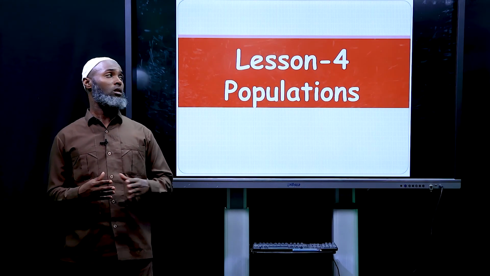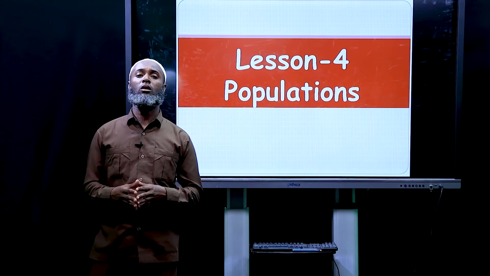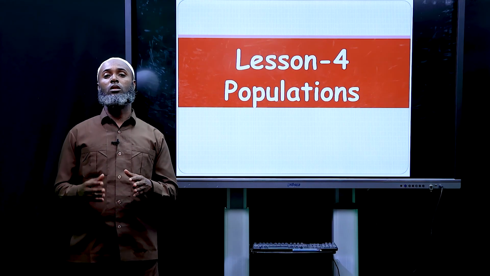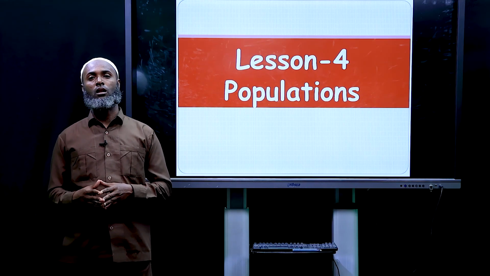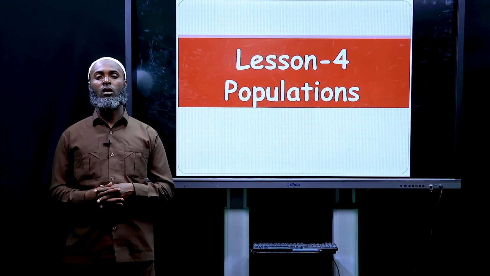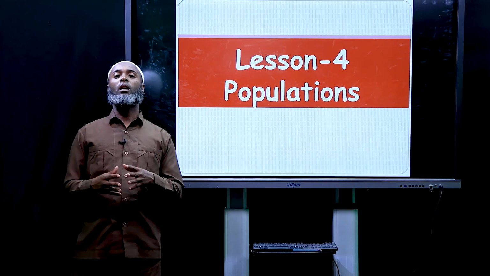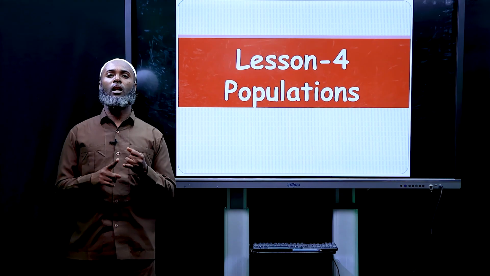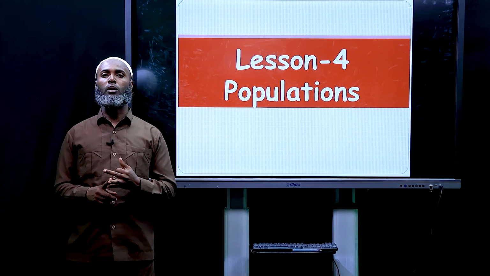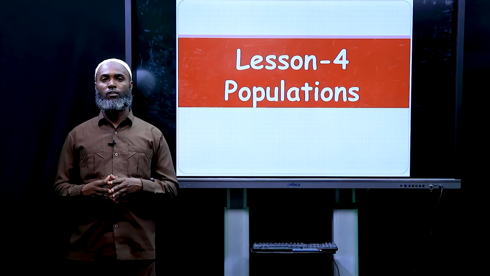Today we are going to start lesson 4, populations, but before we directly go to today's lesson, let's recap and see the main points that we have seen in the previous lesson. In the previous lesson, we discussed biomes. We said that biomes are geographical areas that have specific climate conditions, a specific soil type, and specific plant and animal species.